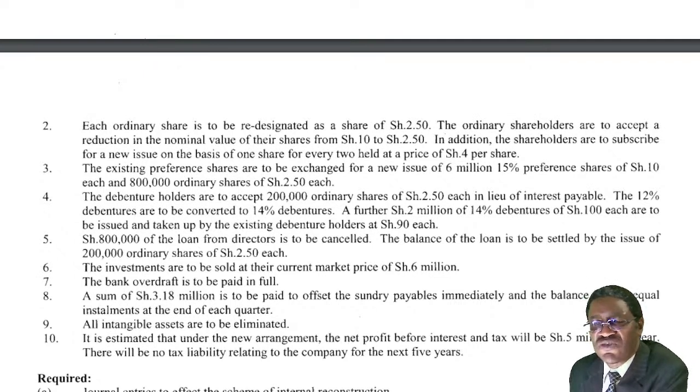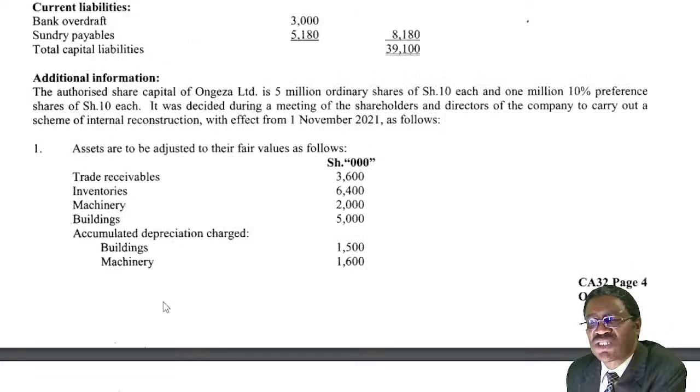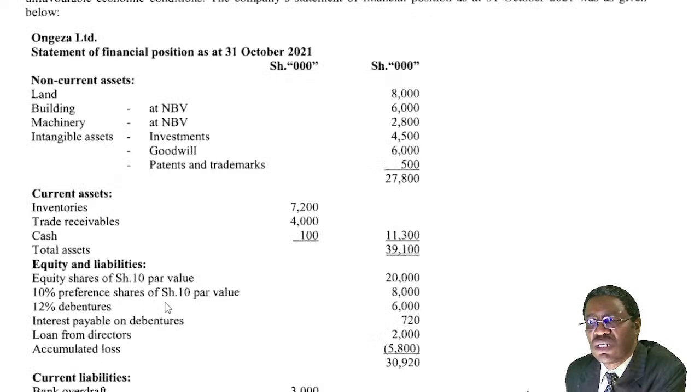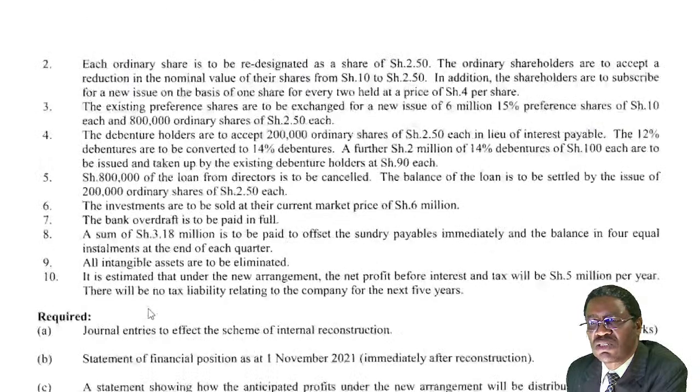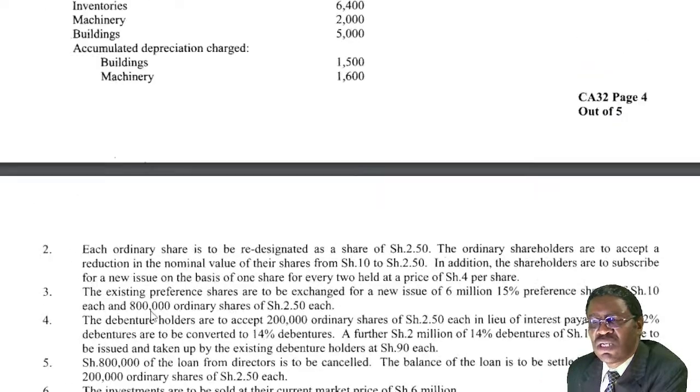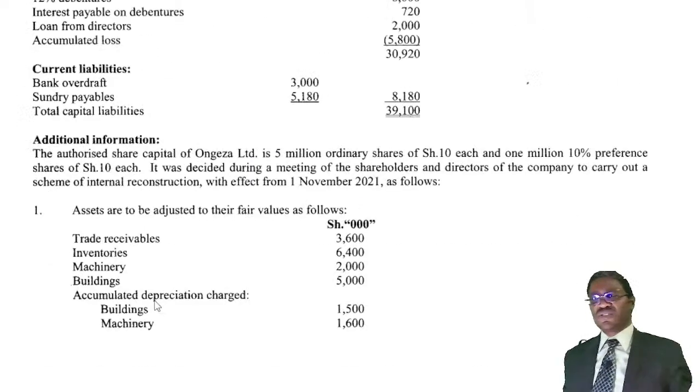So I was saying, let's first check how much the preference shares are in the balance sheet. There are 8 million.